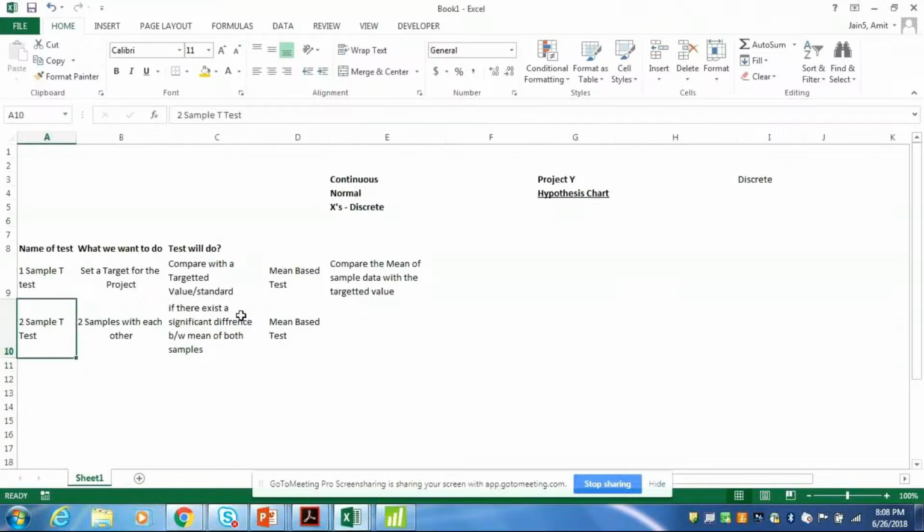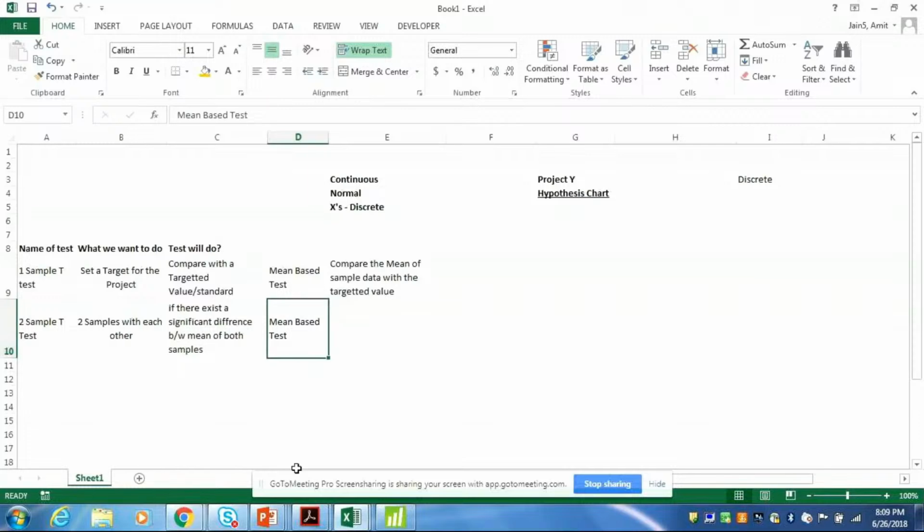We'll compare two samples with each other. Suppose we have two locations, and we want to see, is there a difference in the performance of the two locations in terms of AHT? So we would compare the AHT of both locations. It's again a mean based test. It will compare the mean of location A with the mean of location B and tell us if there exists a significant difference or not. If there is a significant difference, we know that there's something wrong in the location. So we need to look at the particular location to find out what they are doing wrong or what they are doing good.